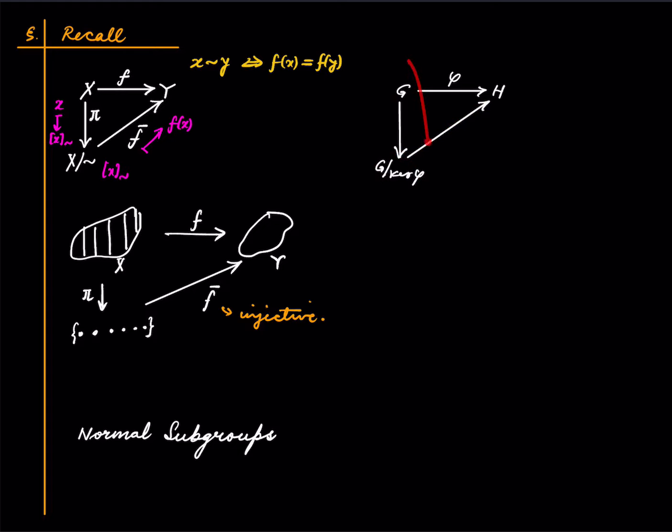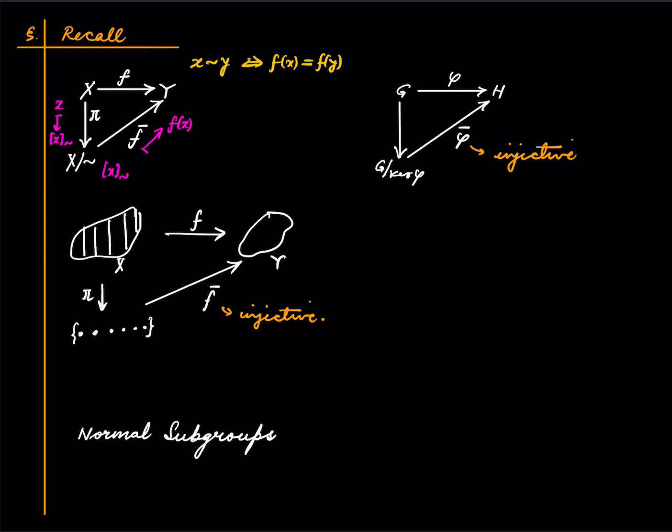In fact, only insisting that this becomes a group homomorphism already narrows down the group structure to a unique one. So there is a unique group structure here such that this becomes a group homomorphism, and then this automatically becomes a group homomorphism. And in the process, we have obtained a smaller group and a group homomorphism from the smaller group to the target group H, and this is injective, again for set theoretic reasons. So this is an injective group homomorphism. And this is what we call the first isomorphism theorem.